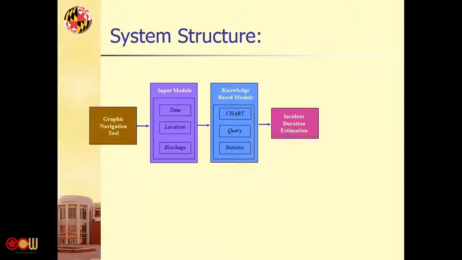And then you need the incident duration estimation. Although it's not an easy job, it still can be done to produce information better than nothing, okay? For example, you have a one-car collision occupying one lane, two injuries.